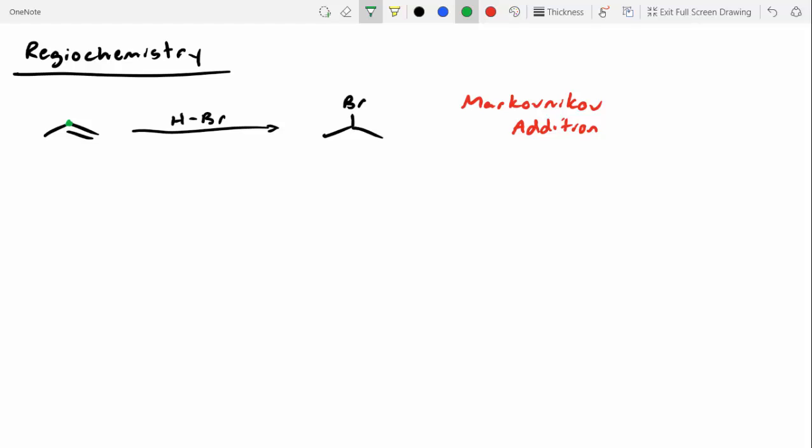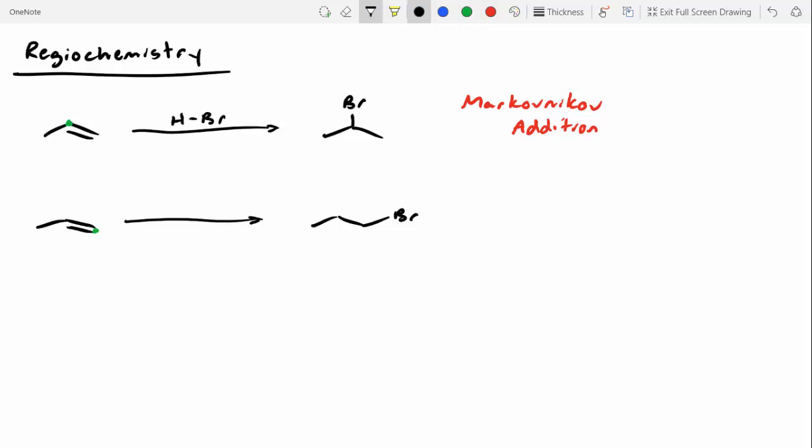And this is aptly named after the chemist who discovered this reactivity or this regiochemistry. However, there was a problem. Occasionally, he would run this reaction and the bromine would add to the less substituted side of the alkene, meaning instead of the side with one substituent coming off, it came off this side with no substituents.